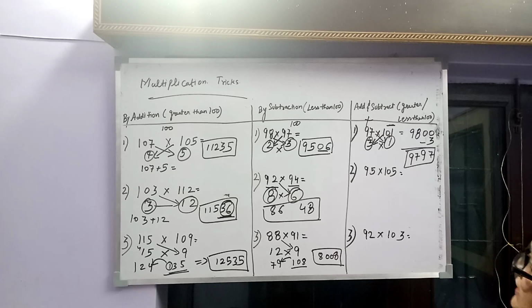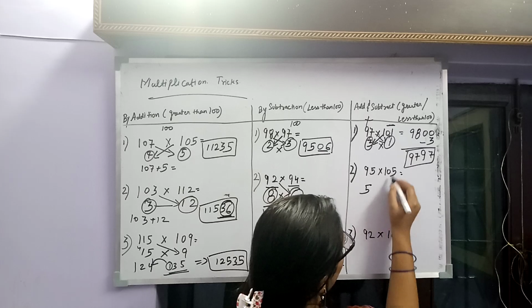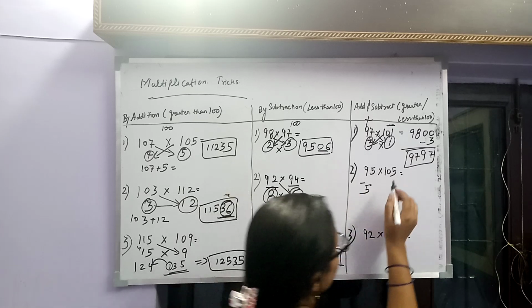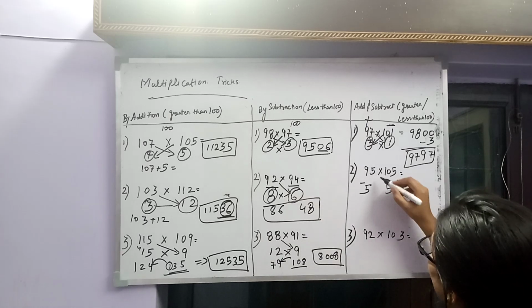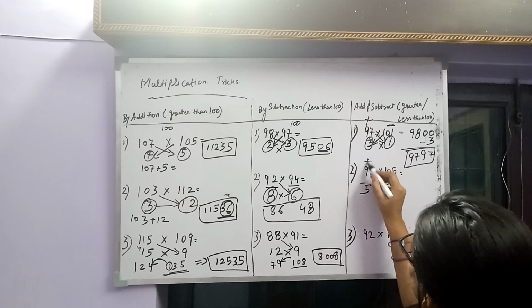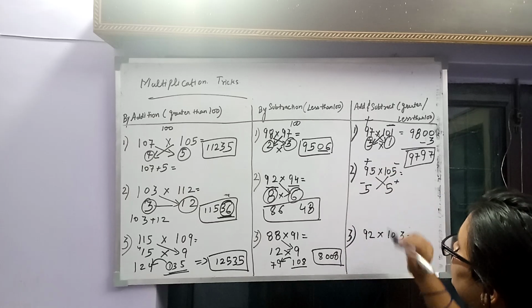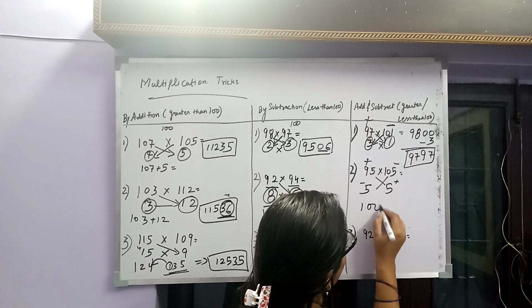Now let's see another example. Here it is less than 100 by 5, and here it is greater by 5. We can put signs also: here add, and here minus. You can choose either way. I am choosing adding, so here we will add 100.